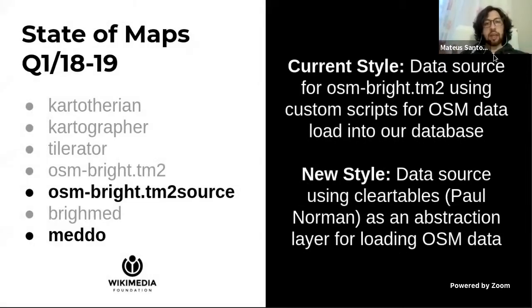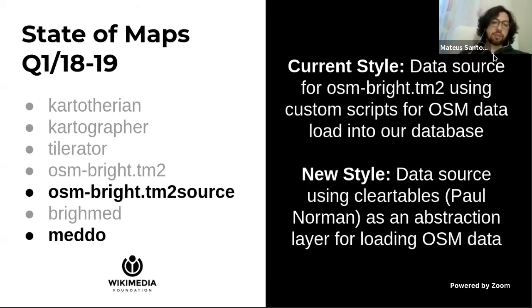And the source of the style, the set of rules that will get the vector tile and present it to the style guide, is those two projects: OSM Bright TM2 source, which is a set of different SQL scripts and SQL queries to get the data from the OSM database and turn it into a vector style.